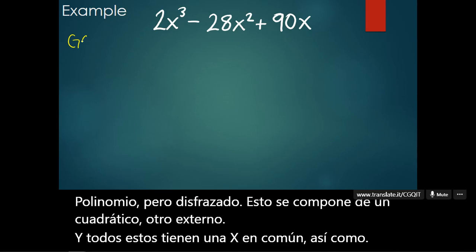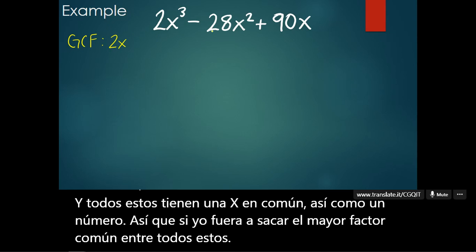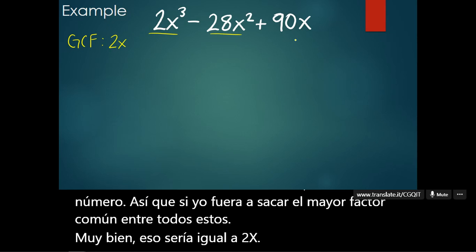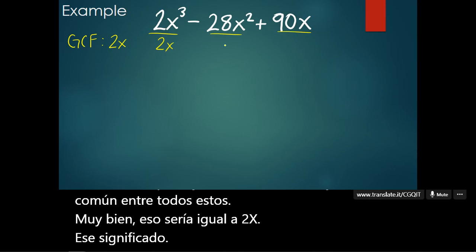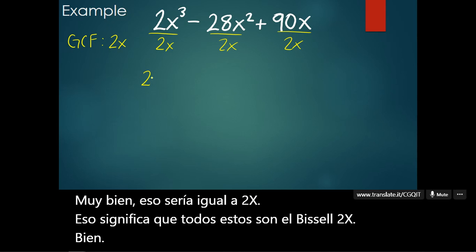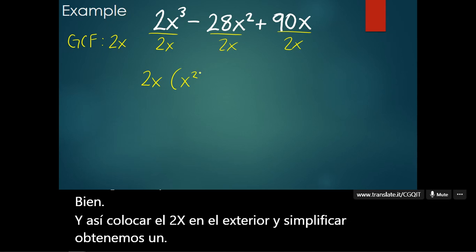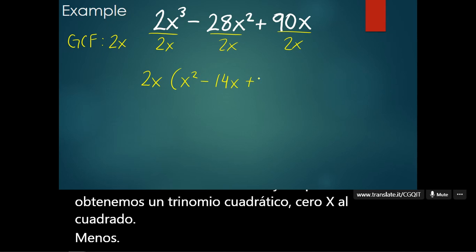So if I pull out the greatest common factor between all of these, that would be equal to 2x, meaning all of these are divisible by 2x. And so placing the 2x on the outside and simplifying, we do get a quadratic trinomial: x squared minus 14x plus 45.